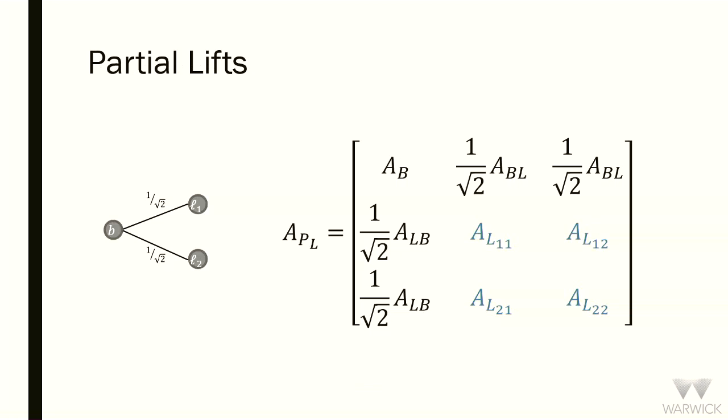And this is how the adjacency matrix looks. You have the adjacency matrix of the base graph, and here the adjacency matrix of the lifted part. And here you duplicated the edges in the cut with the appropriate weight.